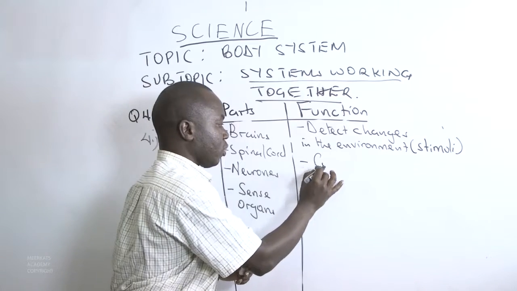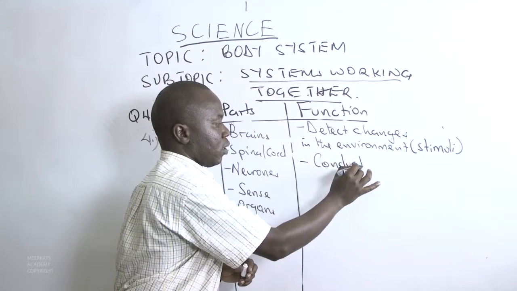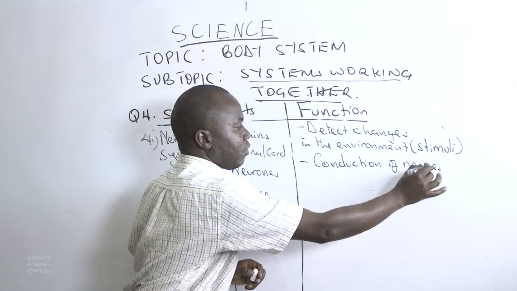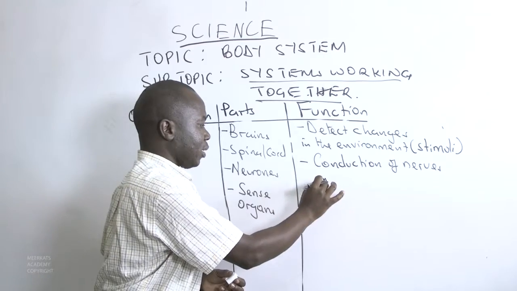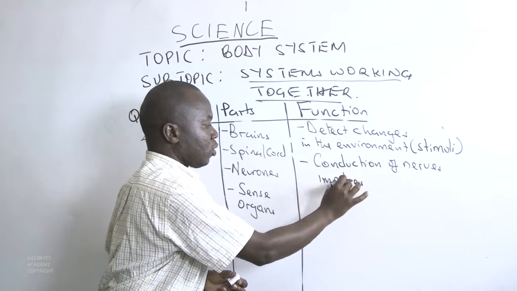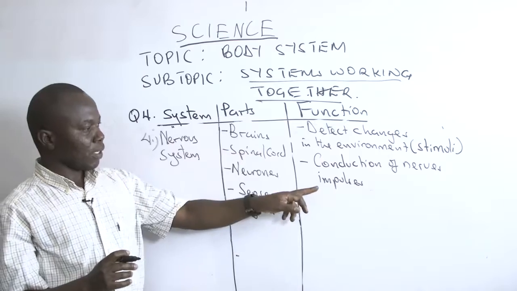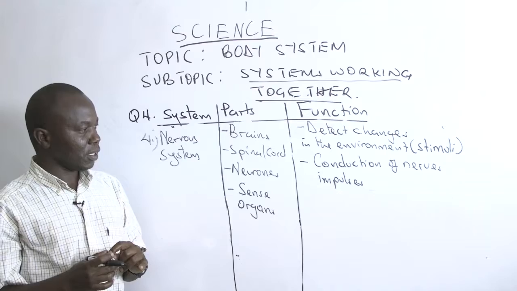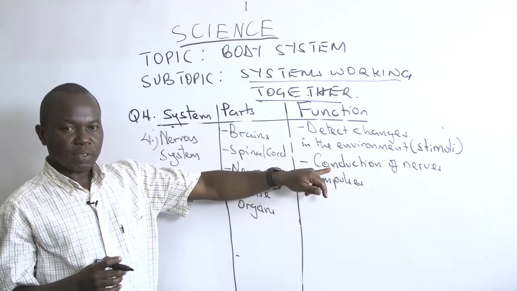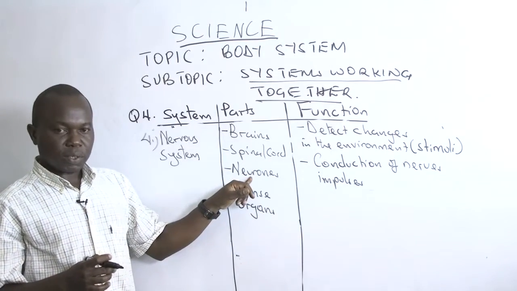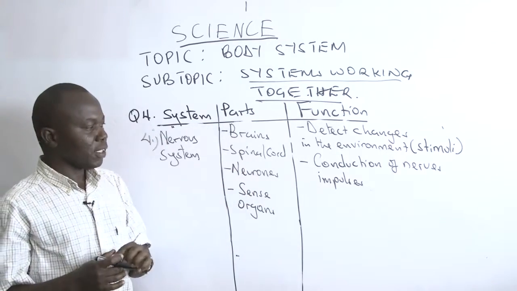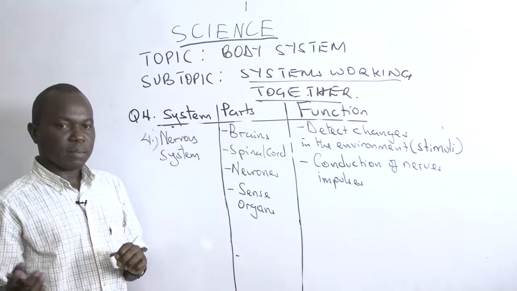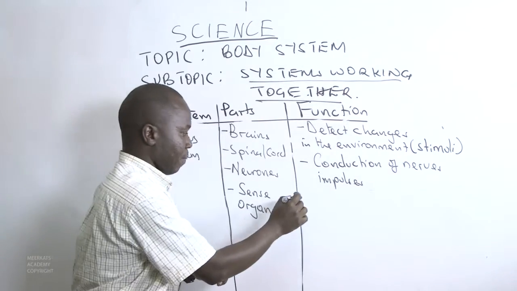So, conduction of nerve impulses. As a reminder, nerve impulses are those electrical messages transmitted through the neurons, either toward the central nervous system or away from it to effectors.